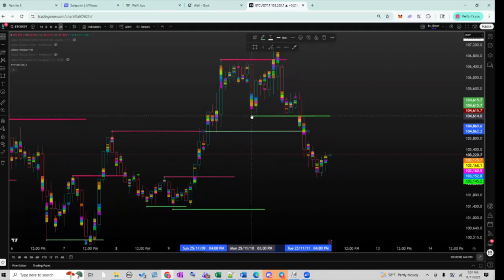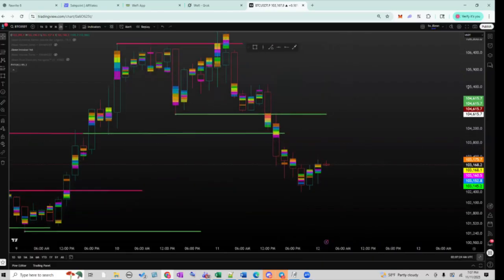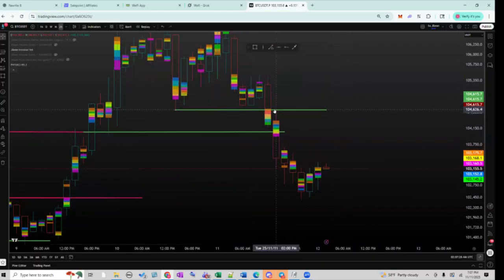We close below support with some volume, okay? If you see this candle right here, we bounce exactly back to it. So if I'm predicting this candle, I just closed below it, the probability is I'm going to push back to what was support, and now what is it?